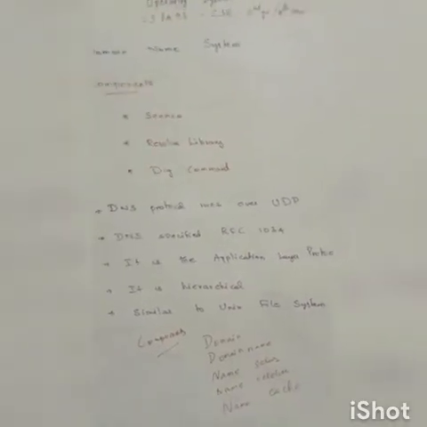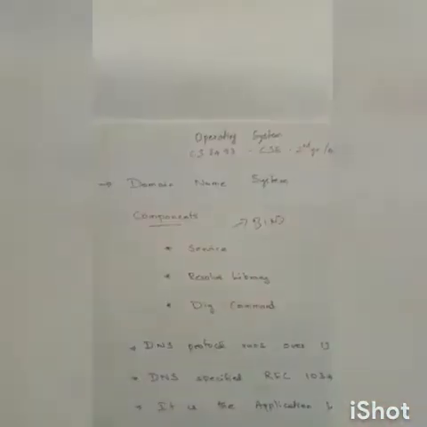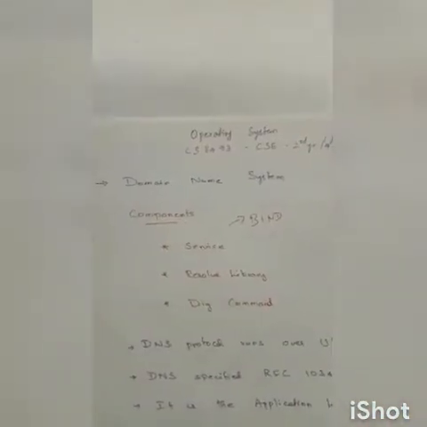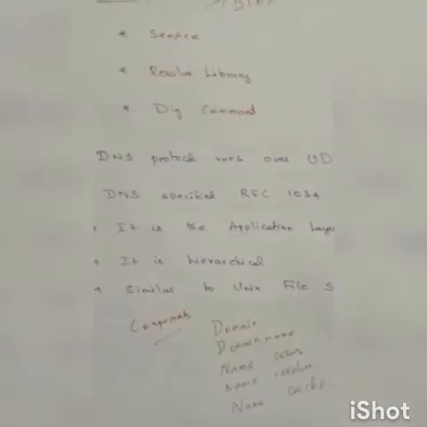So these five are the components of a DNS, and these components are of BIND, that is Berkeley Internet Name Daemon, right?